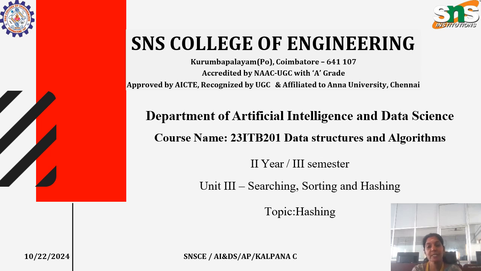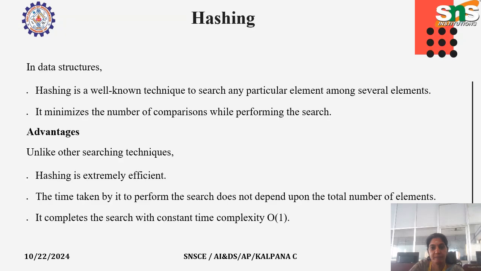Today we are going to discuss hashing techniques. In data structures, hashing is used to search for a particular element among several elements. We have discussed linear and binary search for searching an element.